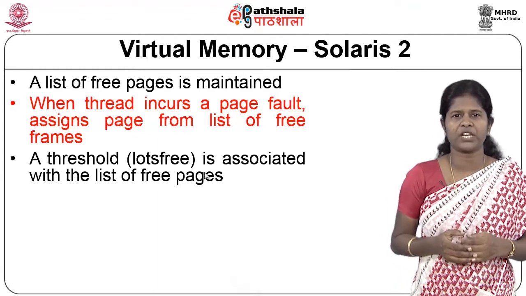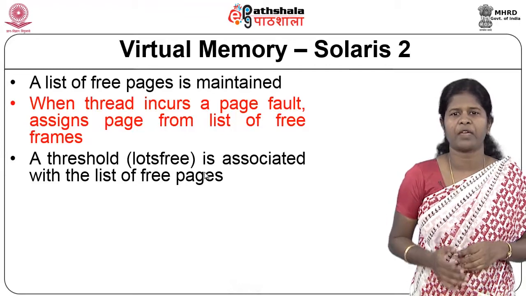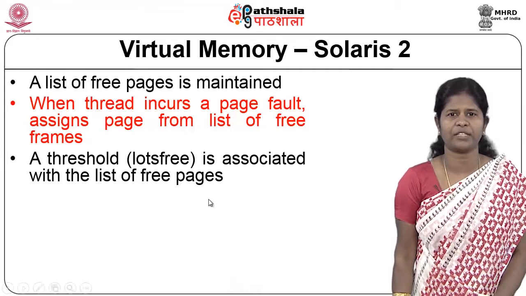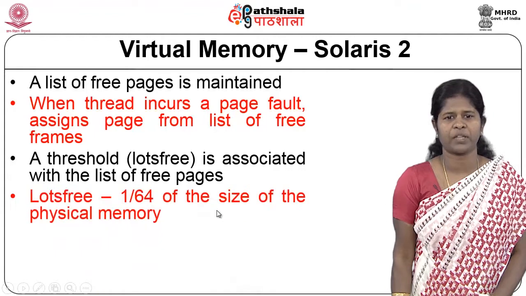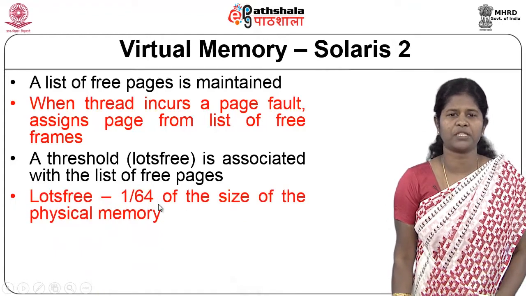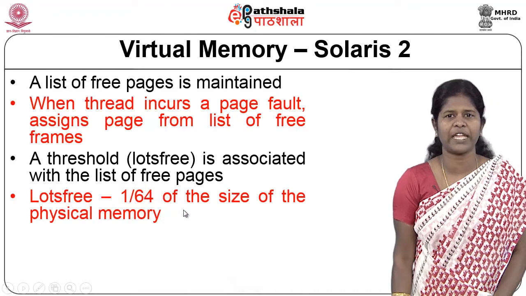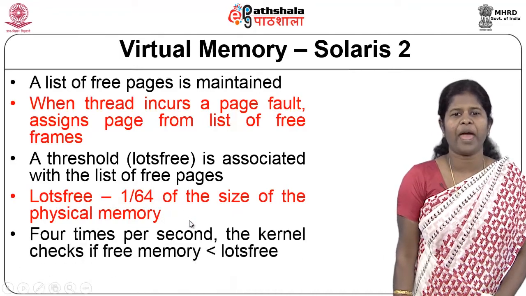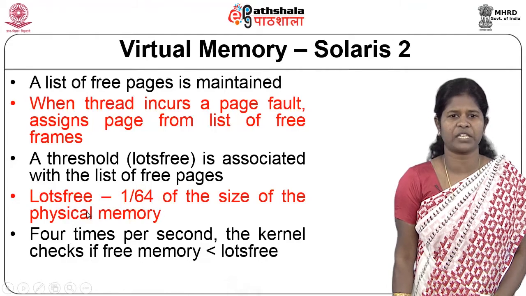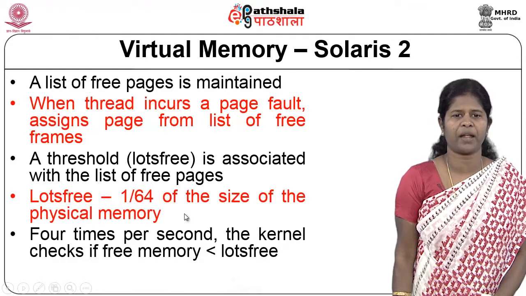So, one is a threshold called lots free, and this is associated with the list of free pages. So, what is this threshold value? It is approximately equal to 1/64 of the size of the physical memory. And what is the use of this threshold parameter?